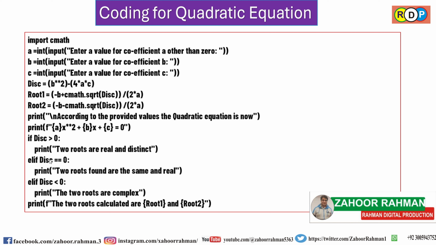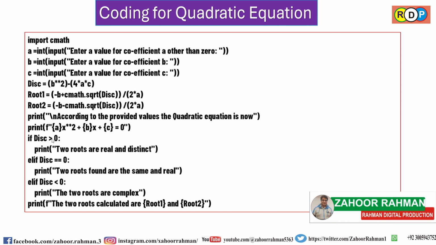If this is not true, then the third elif will be checked, and that is discriminant is less than 0. It means negative. The square root of a negative number is equal to iota, because iota square is equal to -1, and taking square root on both sides, the square root of -1 is equal to iota. So the two roots are complex, and in this case you will see that the iota part will be there.